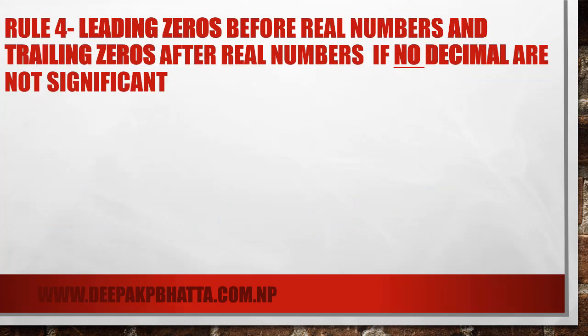Again, let us take another rule. Leading zeros before the real numbers, and trailing zeros after the real numbers if there is no decimal, are not significant. We had already discussed this in rule number 3, but look at some more examples.